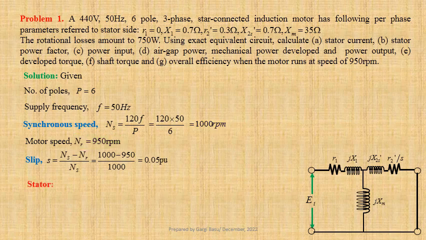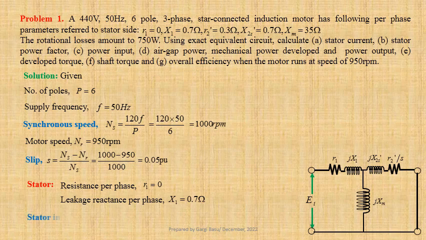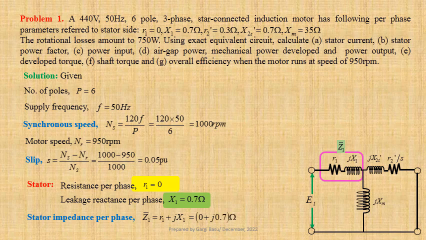For stator winding, given resistance per phase R1 equals 0 and leakage reactance per phase X1 equals 0.7 ohm. Stator impedance per phase Z1 equals R1 plus jX1 equals 0 plus j times 0.7 ohm.